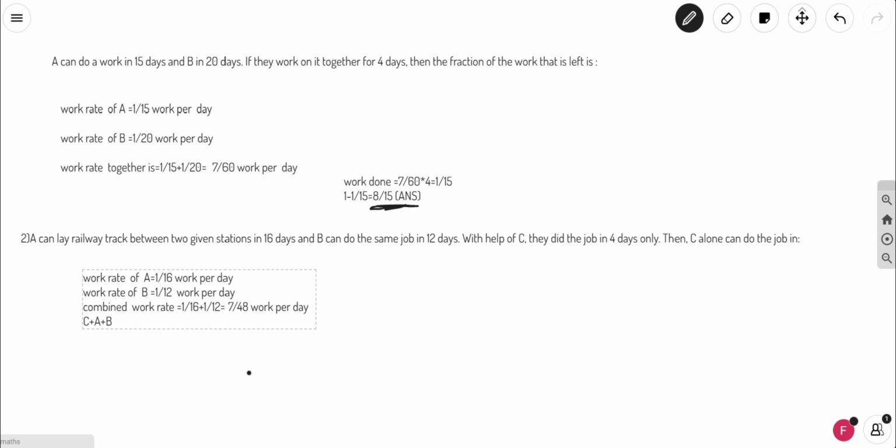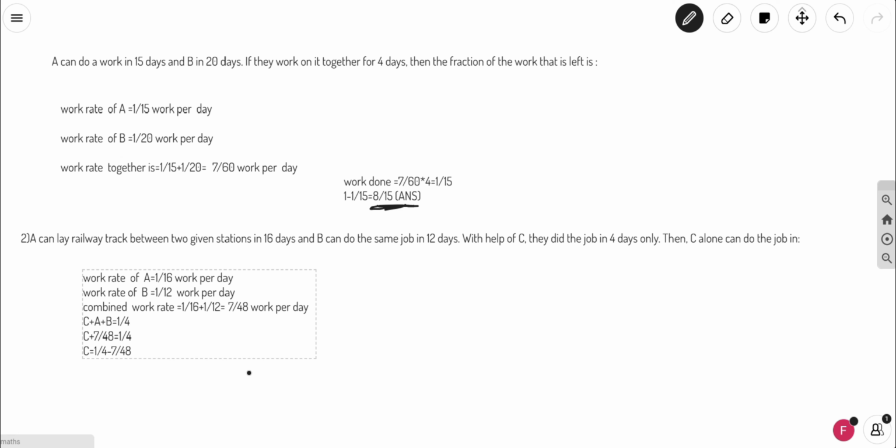Then we have to find C alone. C alone can do the job, so we have to find the time taken. First we have to find the work rate of C. C plus A plus B is equal to 1 upon 4, since they did the job together in 4 days only.